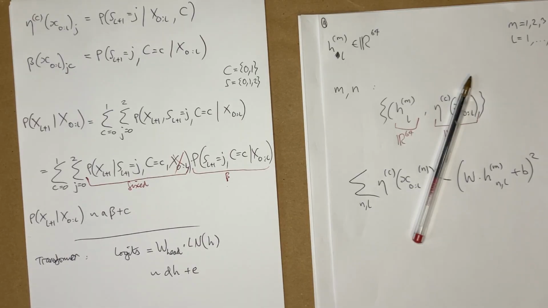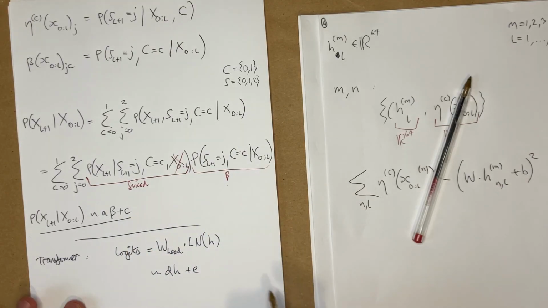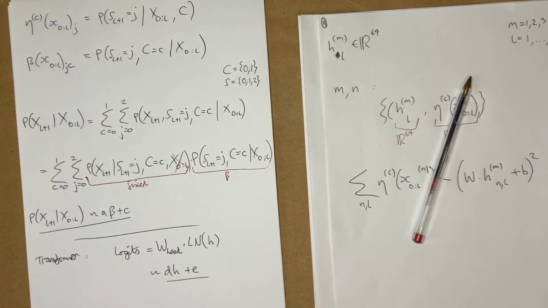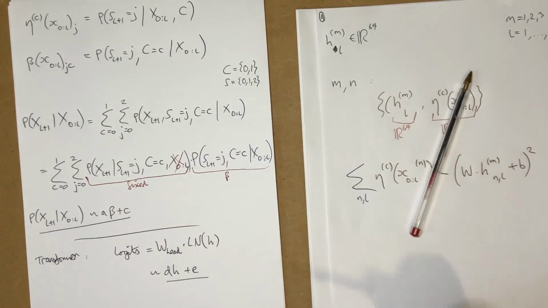With the observation that the predicted tokens are linear in beta, and the logits are also a linear function of h, my prediction would be that beta is linearly encoded in h. For a typical small transformer, typical of these mini projects, the dimensionality of h will be something like 64, which I think is what I used here. And beta, as we've established, is 6-dimensional with 5 degrees of freedom. And so I would predict that beta is encoded in h.